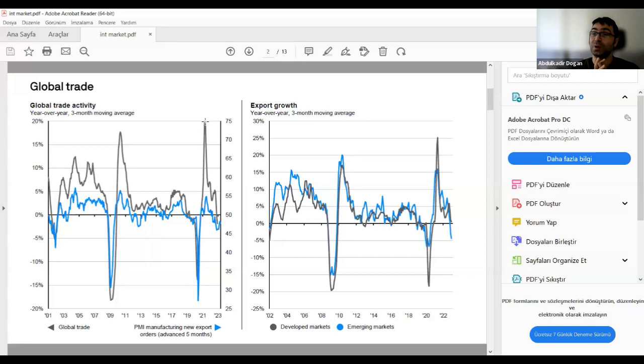Lots of producers wanted to see what was happening next and stopped their ordering and their sales. Then after the COVID effect passed, they started to hugely increase their orders and their sales, and this increase happened for that reason. Generally, the average is around 5%. So we are below the average of the last 20 years for global economic trade activities.